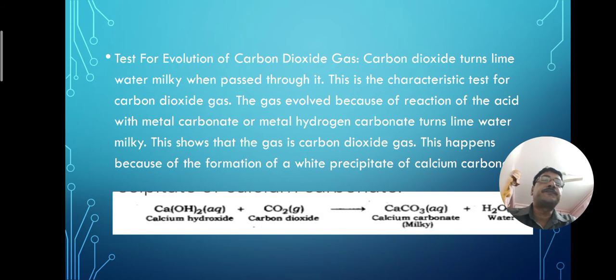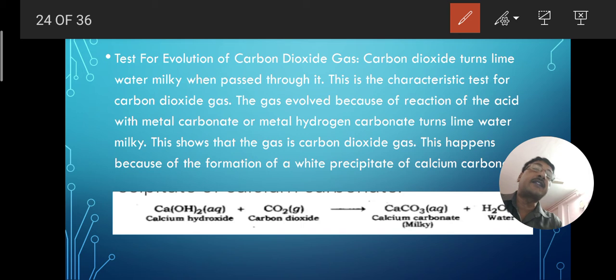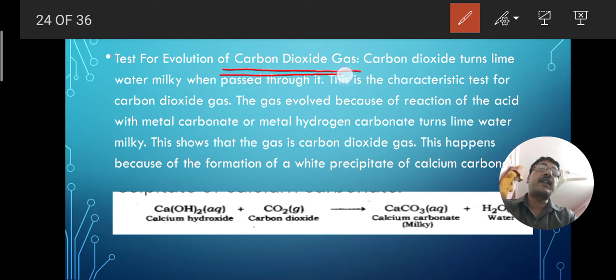That is the main thing we have to keep in mind. Now coming to another point, how to test the carbon dioxide, whether the gas given out during the reaction of sodium carbonate or sodium hydrogen carbonate with the acid is carbon dioxide. We have seen that salt, carbon dioxide and water are produced. How to confirm whether the gas produced during that chemical reaction is carbon dioxide or any other gas?